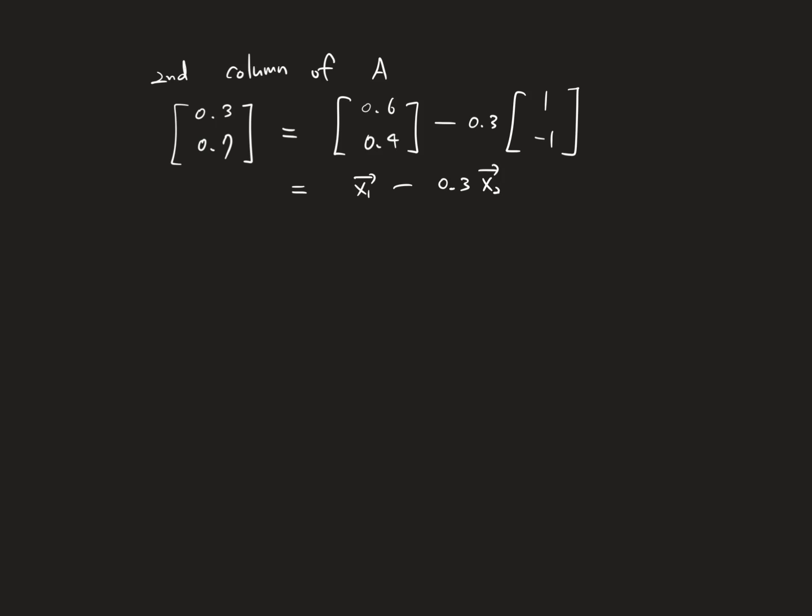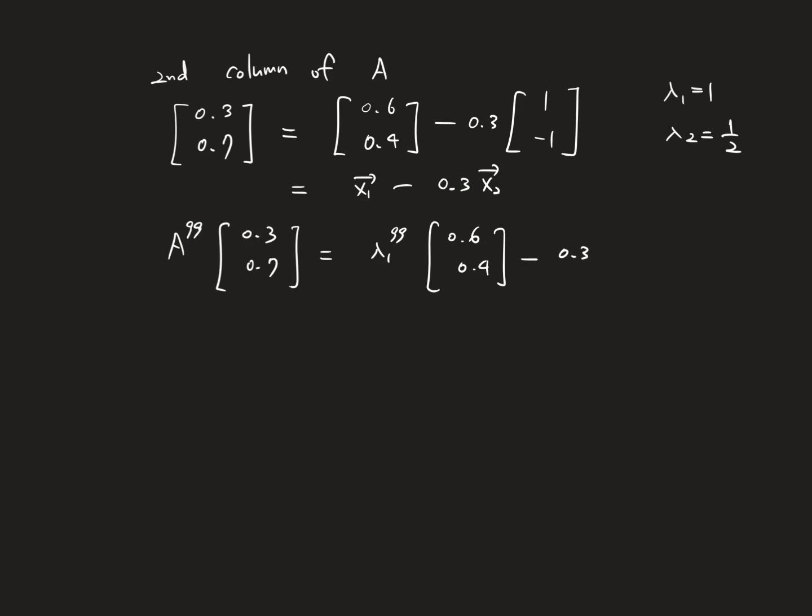And similarly, we can see that A to the 99 times 0.3, 0.7 will be lambda 1 to the 99, where lambda 1 is equal to 1 and lambda 2 is equal to 1/2, times 0.6, 0.4, minus 0.3 lambda 2 to the 99, 1 minus 1.